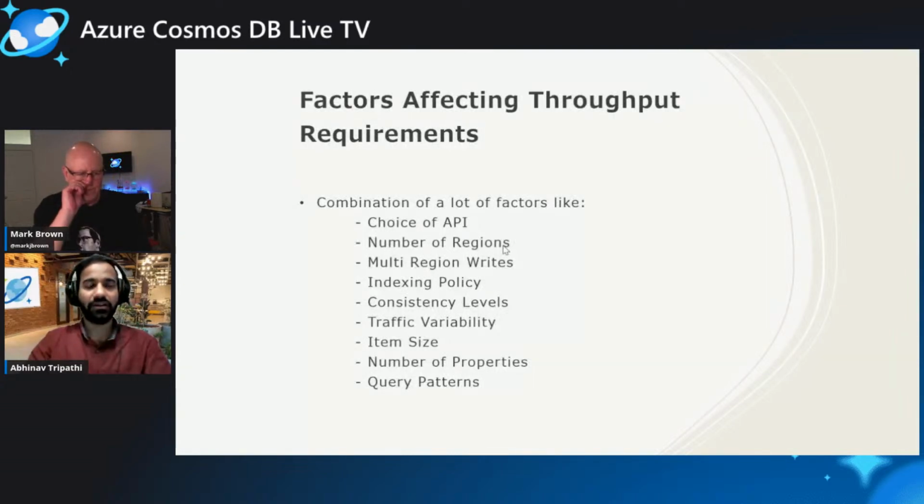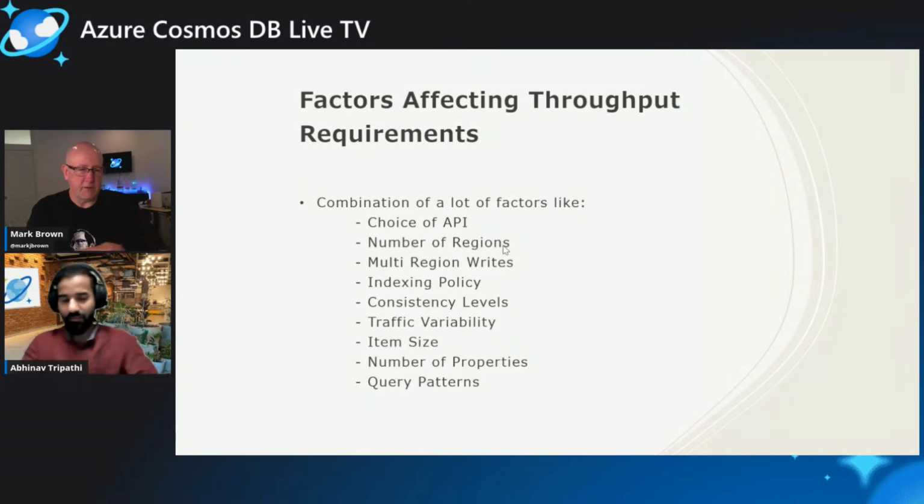But if we are doing queries, depending on how many documents are scanned, what results are returned, and a lot of other factors, the RU consumption for queries will differ. So these are broadly the main parameters that may lead to variability of the throughput requirement.